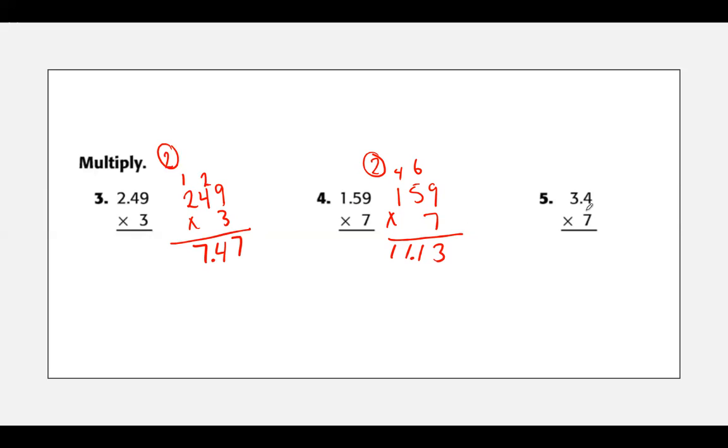Now, number 5. How many numbers do I have after the decimal point? I have 1. Now I can do this if I want to and rewrite it. Okay, so 4 times 7 is, I hope you said, 28. 7 times 3 is 21, plus 2 is 23.